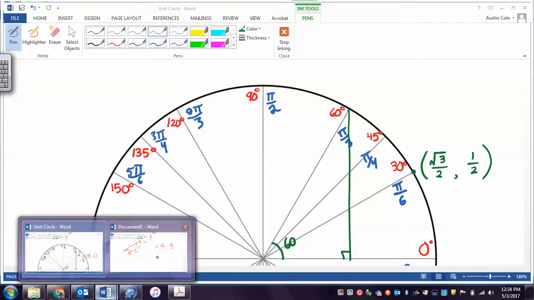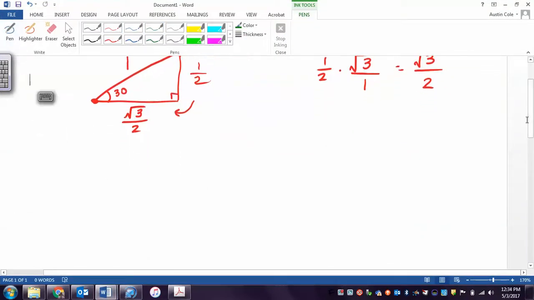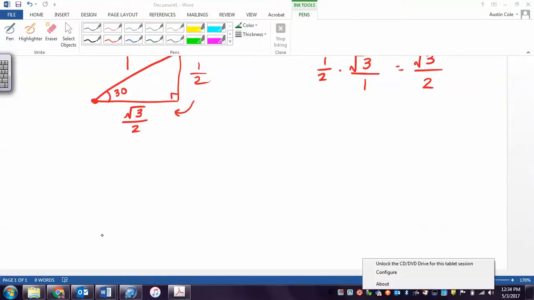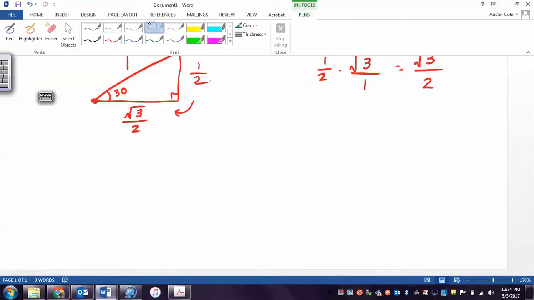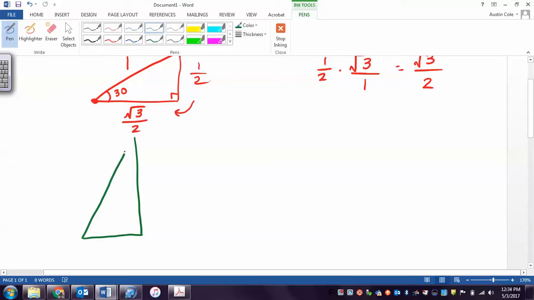So if I go over to my other document and I think about that triangle that I just pictured. This is 60. What's my hypotenuse? 1. It's the unit circle.